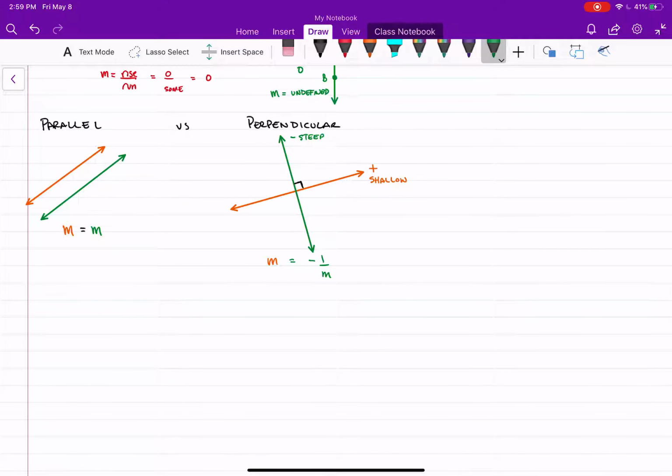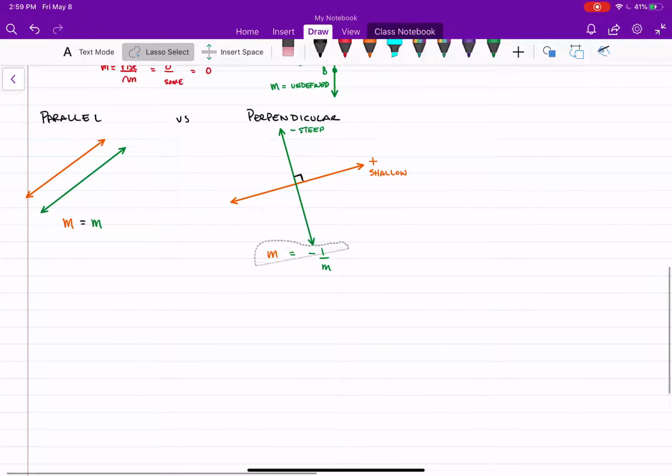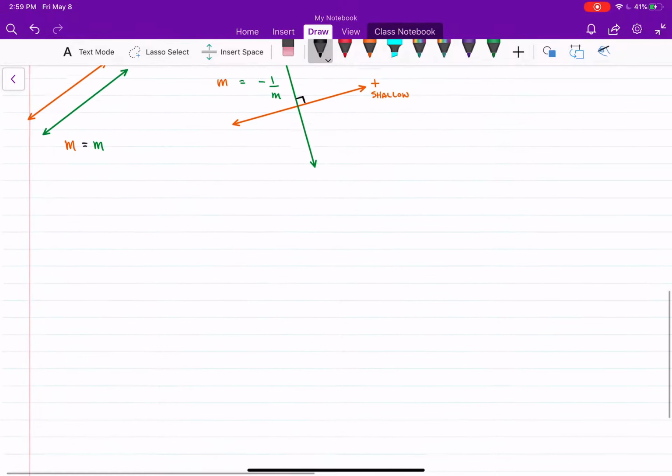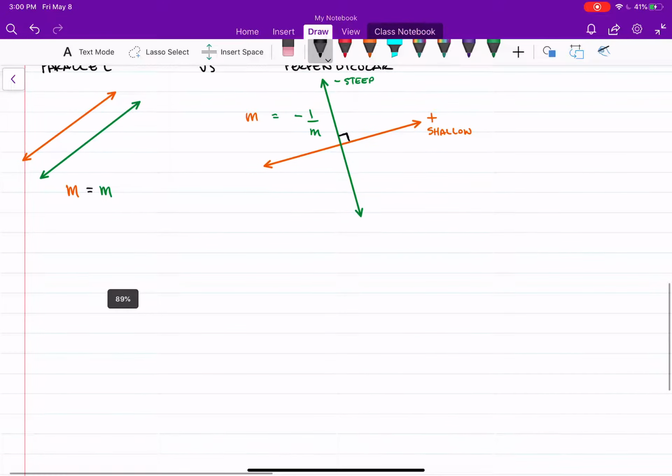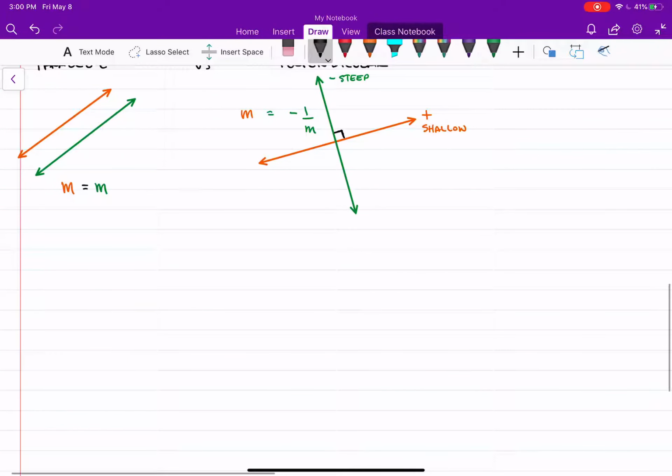Okay, what do I mean by that? So let's take a look at that. Let me move this piece up to here, just so you can see it. Okay, so what do I mean by that? All right, so let's do some examples here. Let's draw a table.